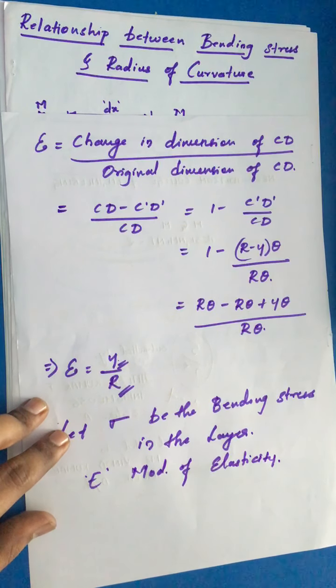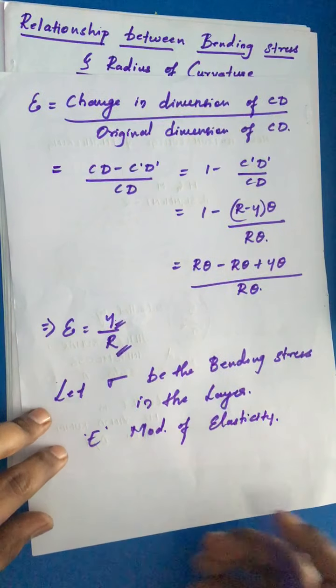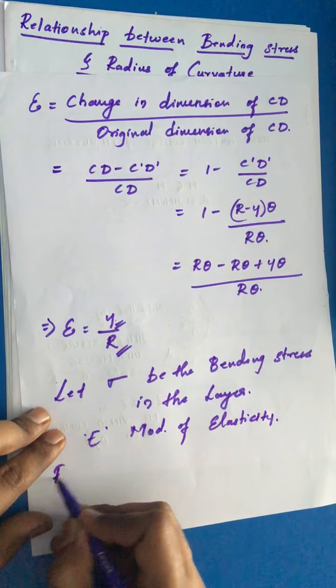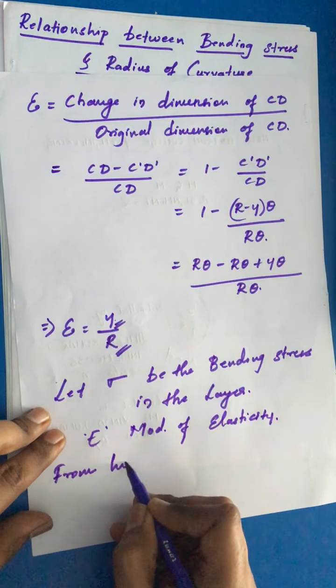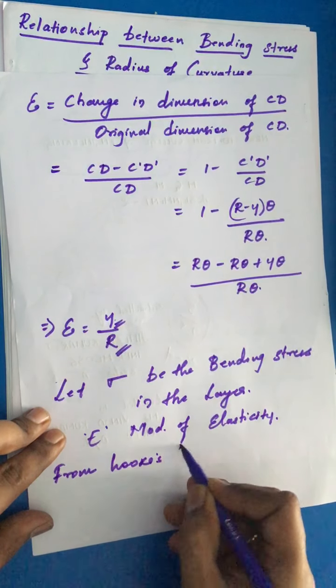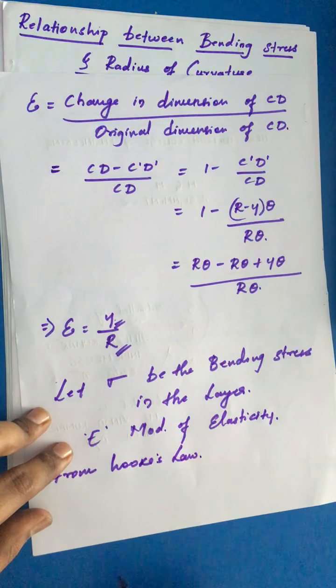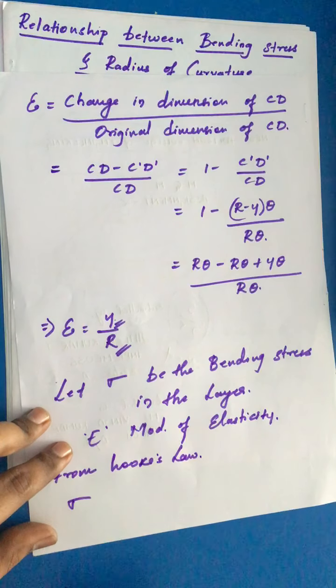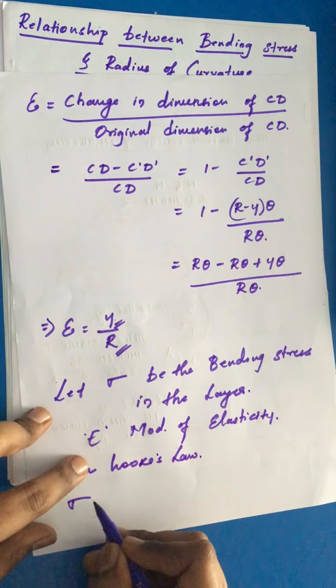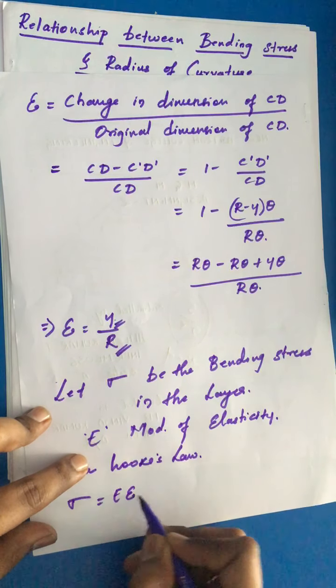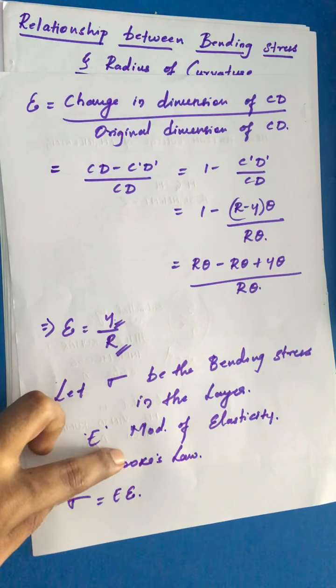From Hooke's law we can write sigma is proportional to epsilon, or sigma is equal to E into epsilon.